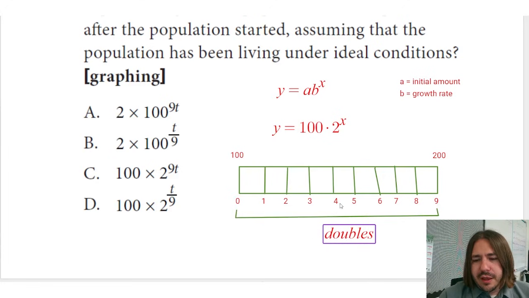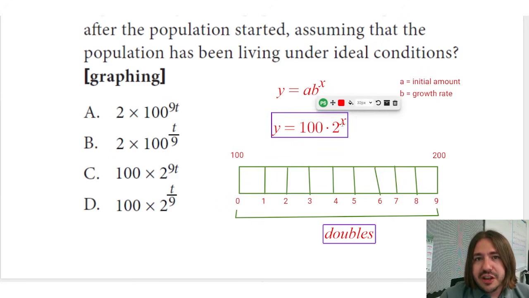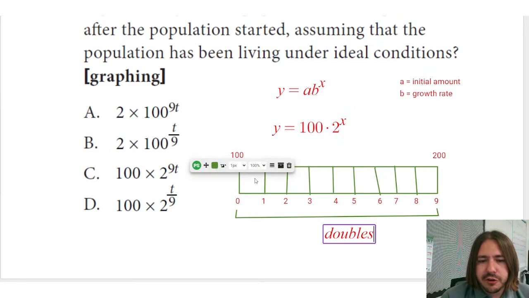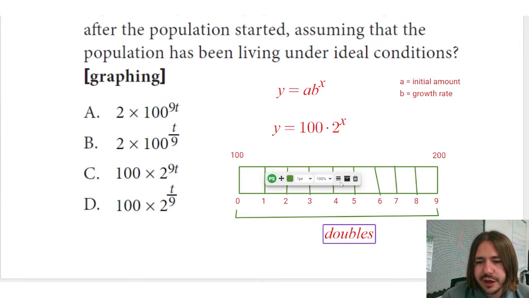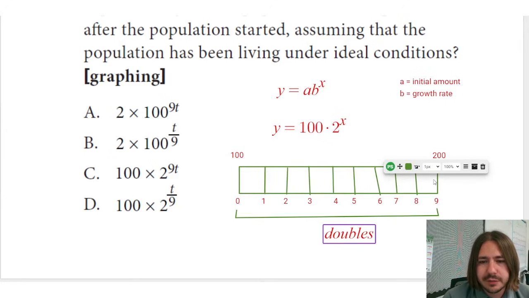Okay, so in order for us to keep track of each individual year, we need to notice how we broke this up into 9 pieces, one for each year. From 0 to year 1, we don't do a full doubling. We only do 1/9 of the doubling. And then after year 2, there's 2/9 of the doubling, 3/9, and all the way till we get a full doubling.